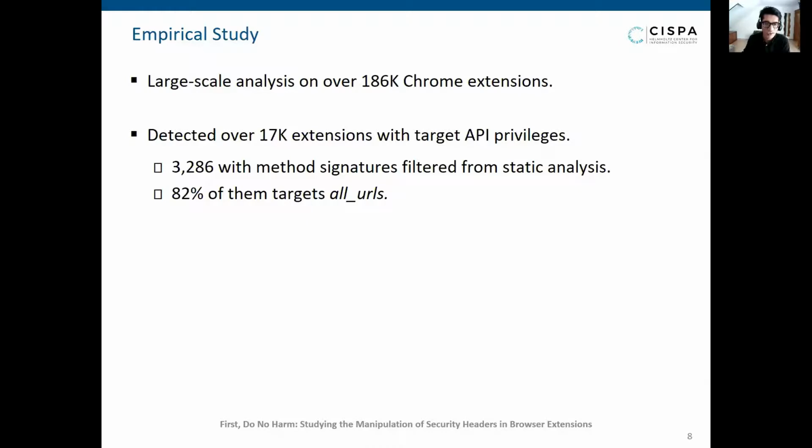While 3286 extensions among these 17K have shown clear sign of header interception at the code level. We further see that among these 3.2K extensions, 82% of them operate on a large number of domains, declaring all URLs as part of their host permission.